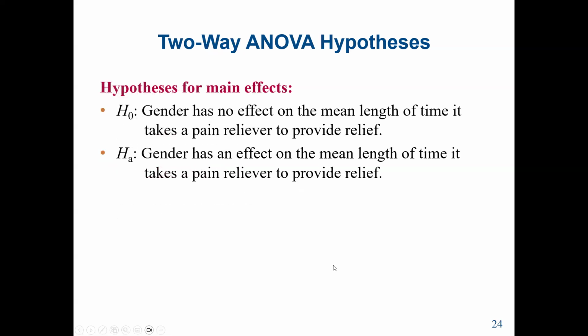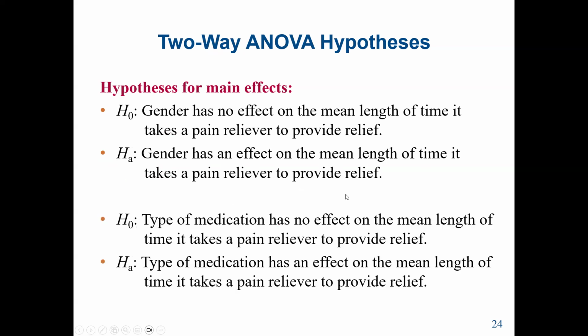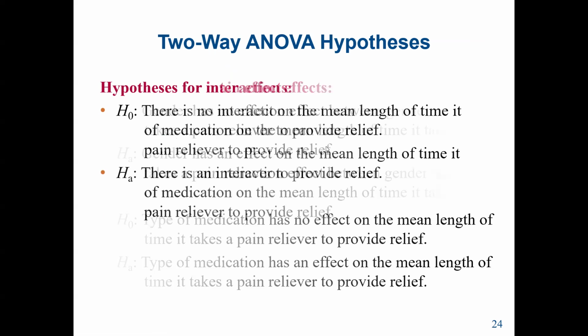So the hypothesis testing for the main effect will be: H0, gender has no effect on the mean length of time it takes a pain reliever to provide relief. HA will be gender has an effect on the mean length of time. Similarly, we say the type of medication has no effect on the mean length of time it takes a pain reliever to provide relief, or the type of medication has an effect on the mean length of time it takes a pain reliever to provide relief.